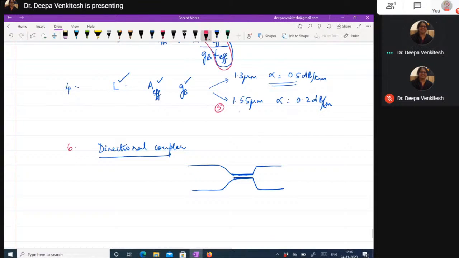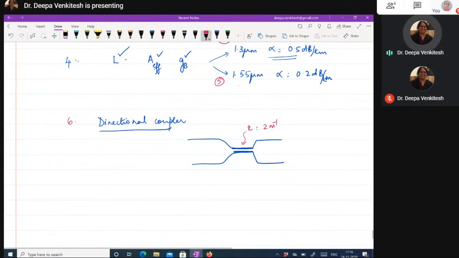This arrangement is characterized by a coupling coefficient kappa, given to be 2 meter inverse in the question. The question is, what is the minimum coupling length required for two different coupling ratios? First is a coupling ratio of 50-50, and the next is a coupling ratio of 75-25. Even though I say minimum coupling length, you have to choose from the options given. So it is the minimum coupling length from the options that are given.